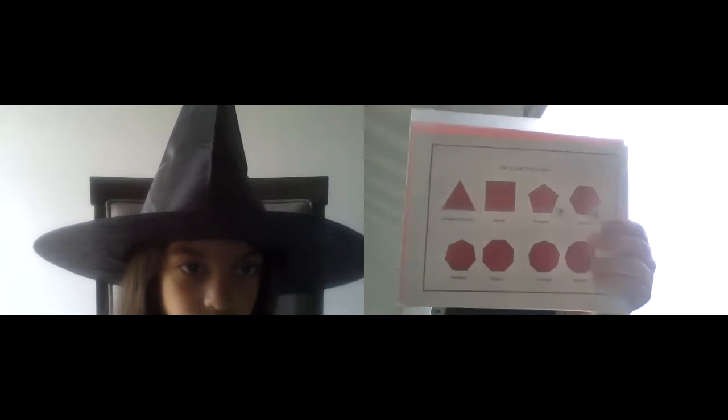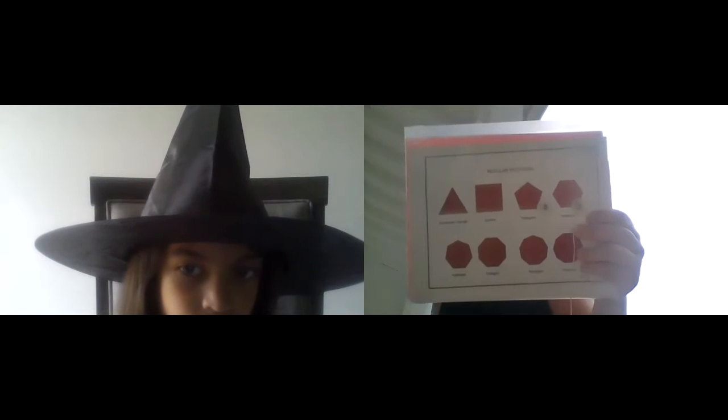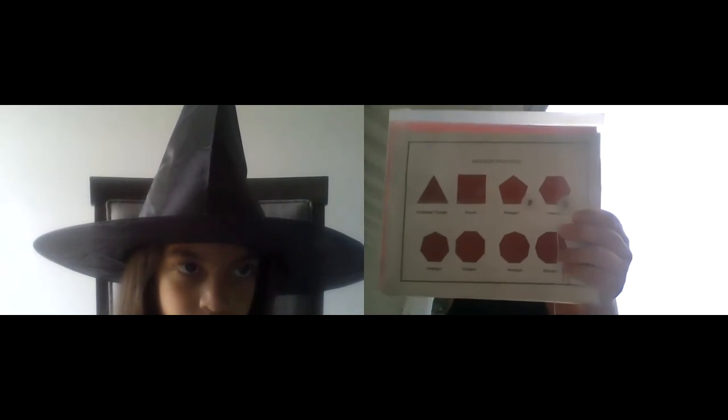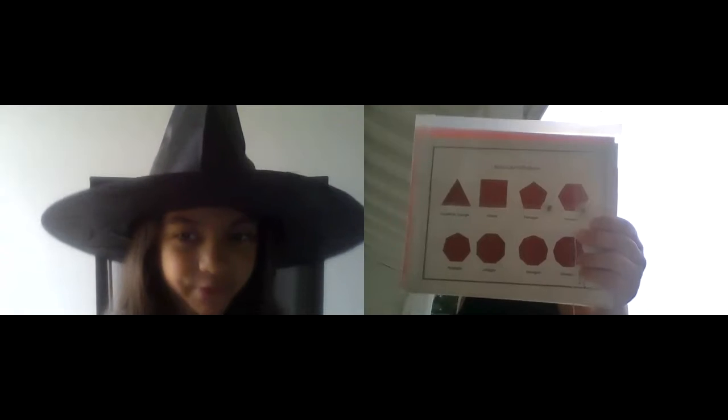Can we use cards? Yep, we have these cards for school, and then we also have this to help us with the spelling and remembering how many sides there are in each shape. And Grace and Alex, this will be on Google Classroom for you to use as well.